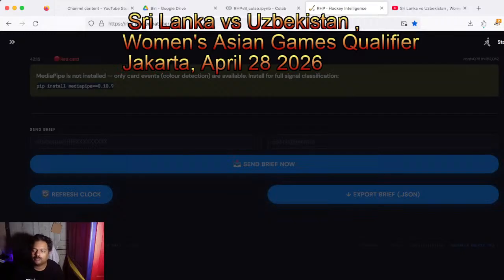It's going, and if it takes a lot of time, we'll download the brief and read it here. The most important part of the brief are the screenshots where we see the play in action. So there is evidence of what the AI saw, so that a human can corroborate whether those insights are actual or if there are any false positives. So we are waiting for that report to come out.